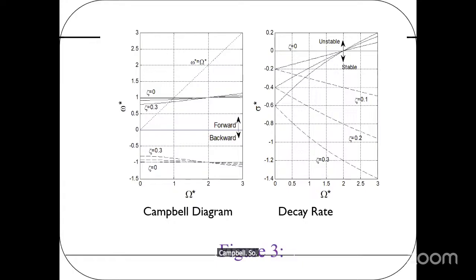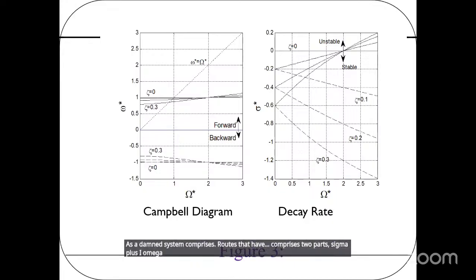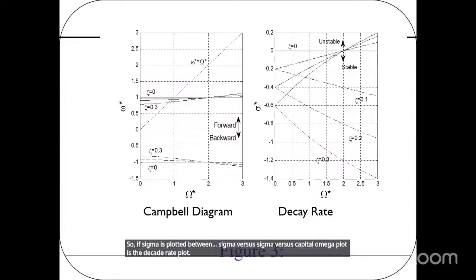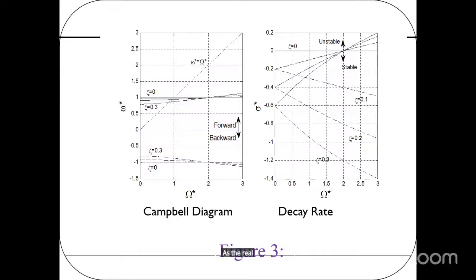There are two important plots which explain the behavior of rotor shaft systems. One is the Campbell diagram, and another is the decay rate plot. As the damped system has roots with two parts, sigma plus i omega, sigma depends on the spin speed, capital omega. The plot of sigma versus capital omega is the decay rate plot, where the real part indicates the decaying nature.